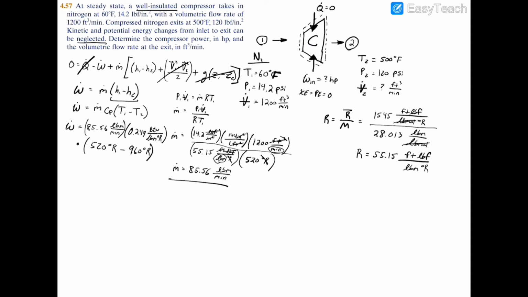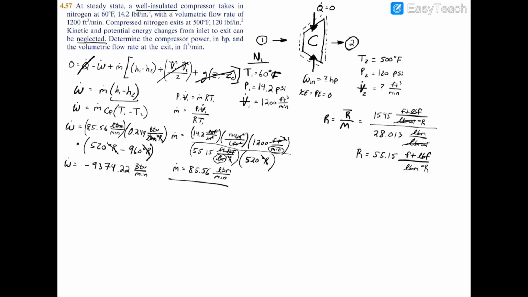And now, as you can see, these Rankines will cancel out, and your pound mass is going to cancel out, and you're going to be left with BTU per minute as your unit here. So we'll have that the power equals negative 9374.22 BTU per minute. And it's a good thing that it's negative, because that indicates that this compressor is drawing power rather than generating power. And so we know we did this correctly.